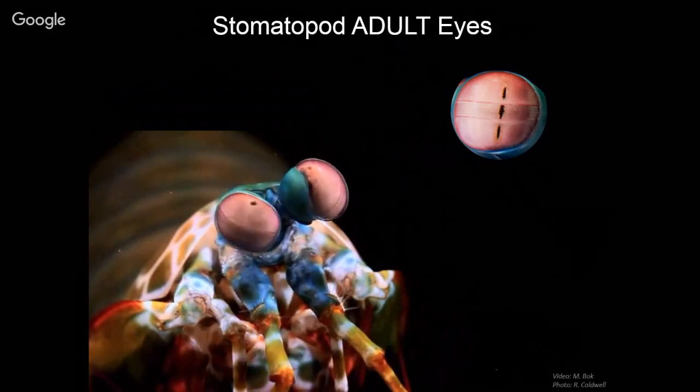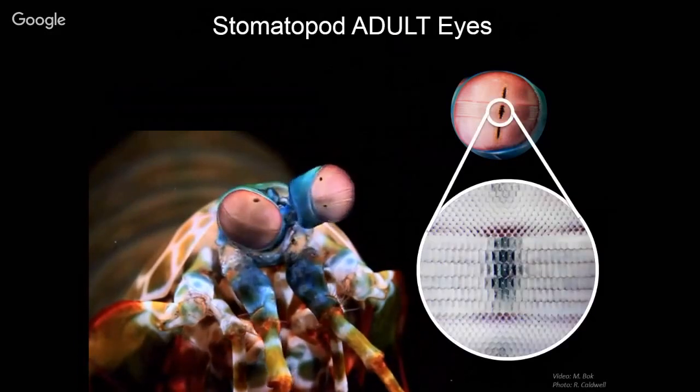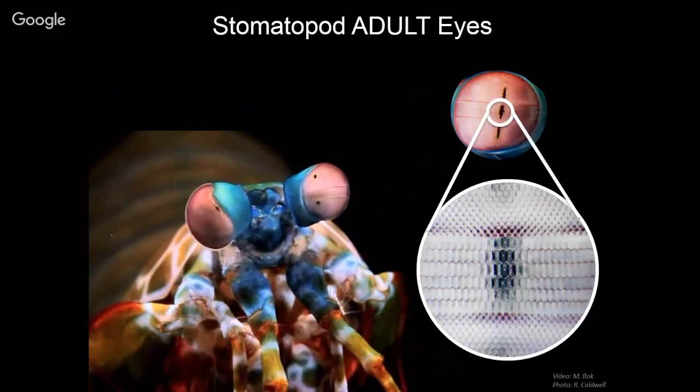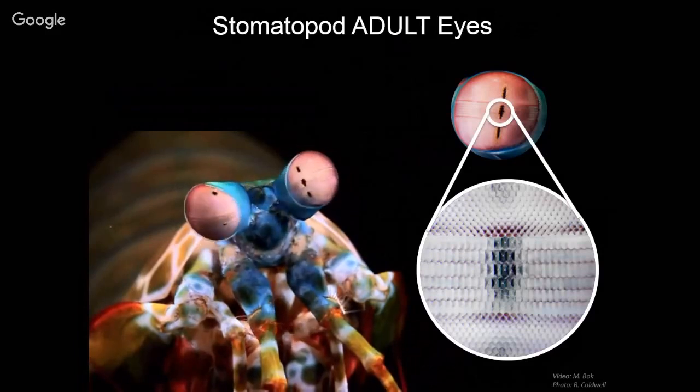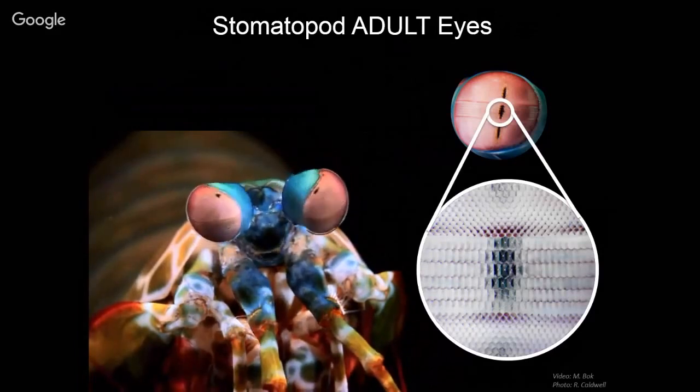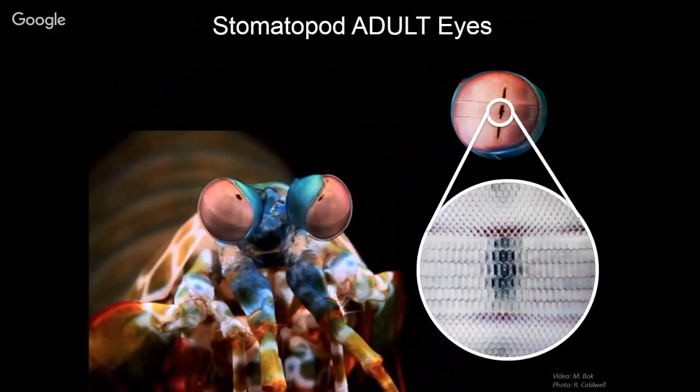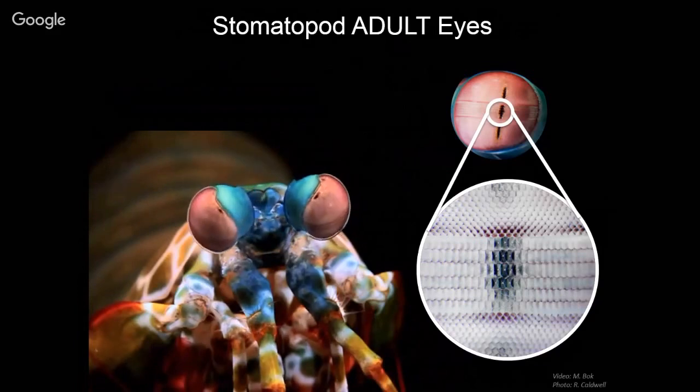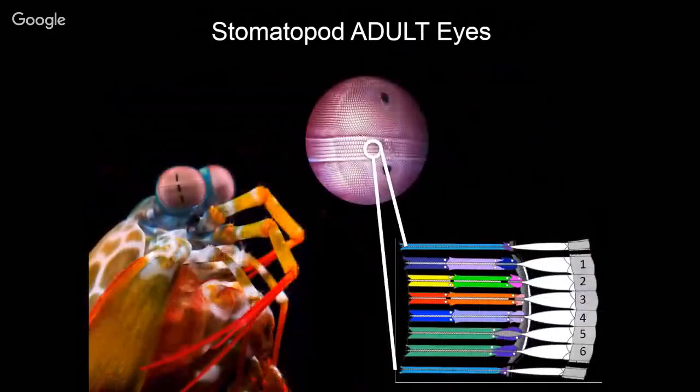And that has to do with the fact that they have a set of these ommatidia, 6 rows of them that run around the equator of the eye. And packed into those 6 rows of ommatidia are a set of receptors that are specialized for different visual tasks. If we look at a schematic, this is similar to that crab set of ommatidia that I showed you.